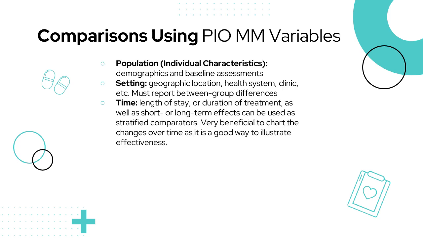So another way that I might create my different groups would be by population. What I mean by that is by the individual characteristics, right? The demographics or baseline assessments. In this particular case, I might take my group of staff and separate it into frontline nurses and PSWs.